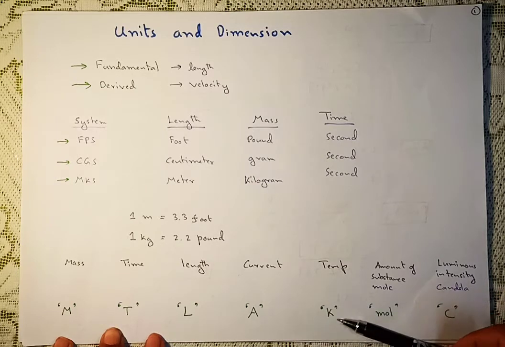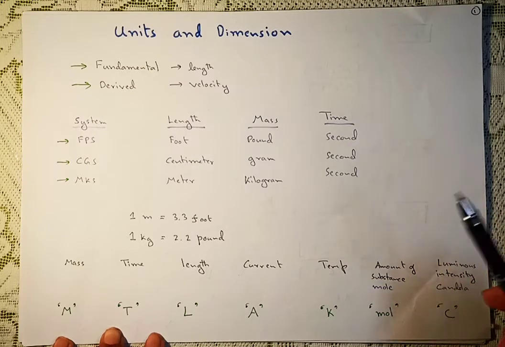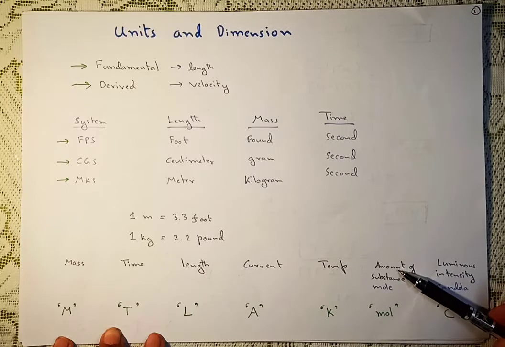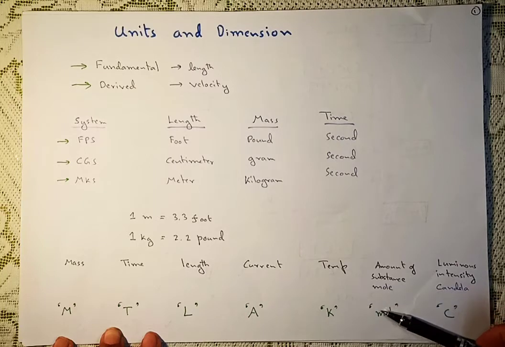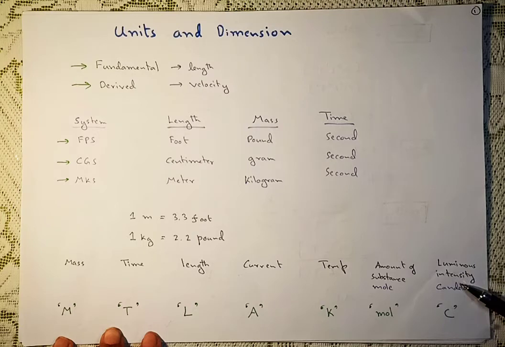This is just a symbol to solve some numericals, to come out with some dimensional formulas. Amount of substance is in terms of mole. This is the symbol for amount of substance. So this is mole. Luminous intensity is candela, and its symbol is C.